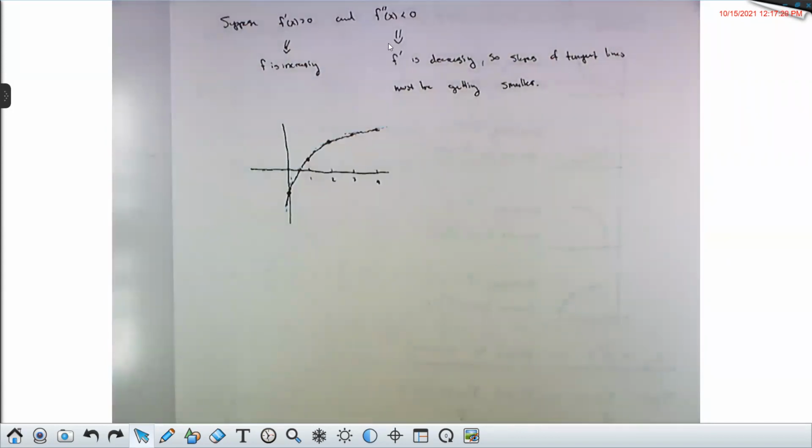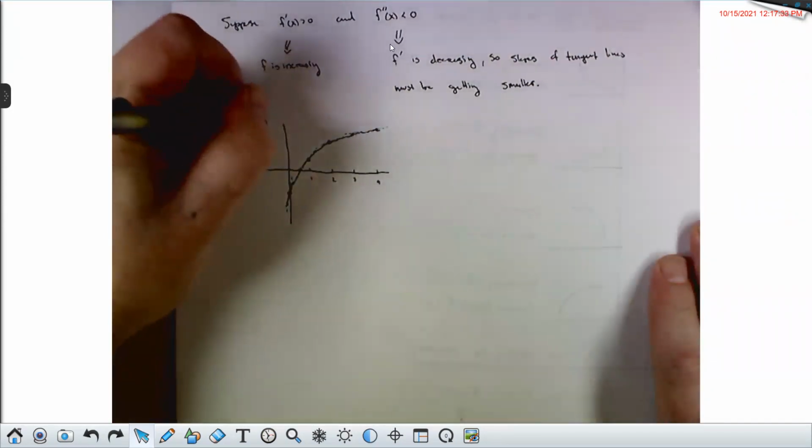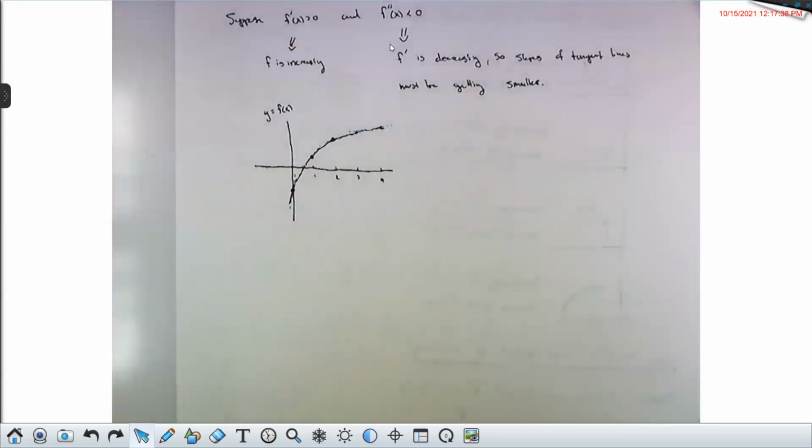So it's thinking about the rate of change for f prime and putting those two things together to see how it relates to the shape of f.